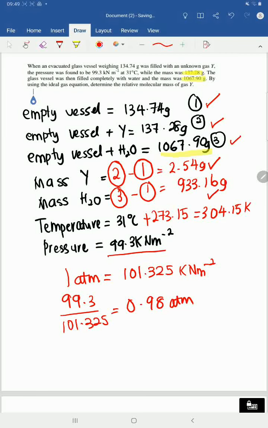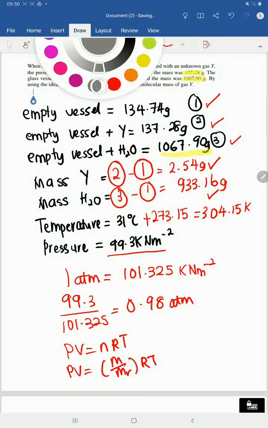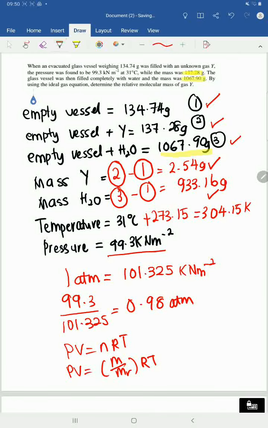Now we already have the temperature, the pressure, and the mass of Y, but we don't have the volume. If we want to use PV equals nRT, we substitute PV equals mass over Mr times RT. We already have the information for pressure, mass, T, and R is the constant.